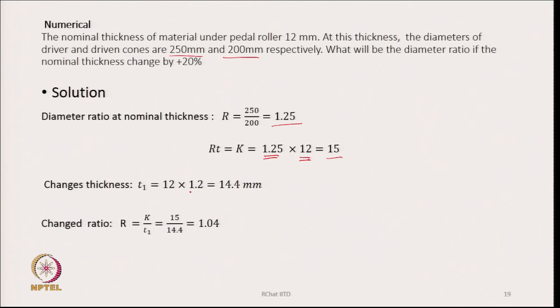So, 12 into 1.2, it will be 14.4 mm. Therefore, the change ratio is going to be how much? K by T1. So, 15 by 14.4, which is going to be 1.04. So, the belt will be located at a place where the ratio of the cone drum's diameter will be 1.04.